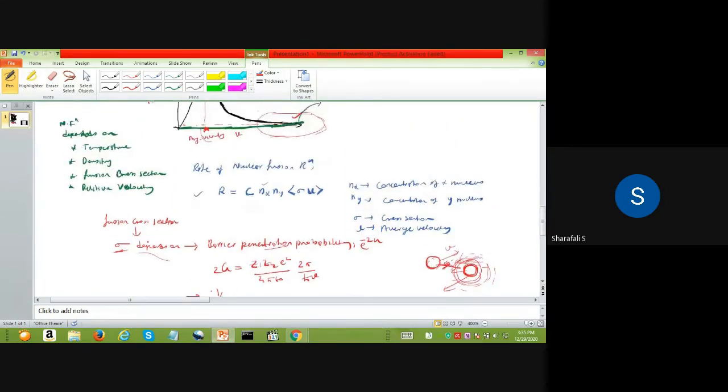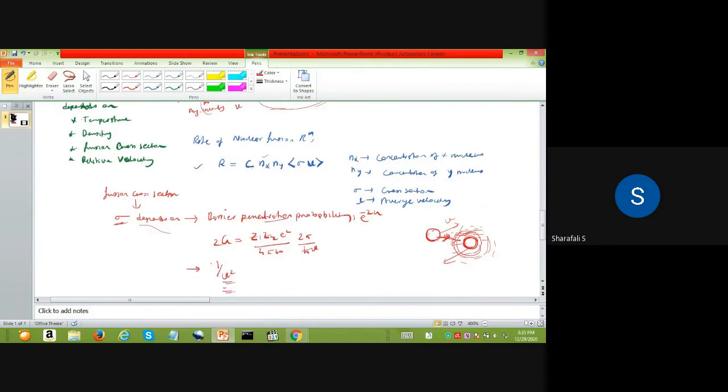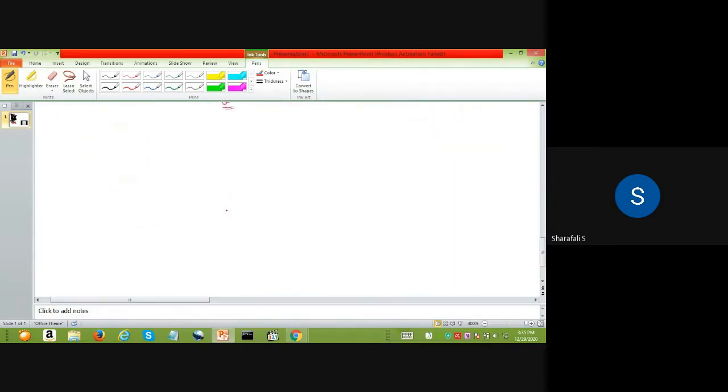So the fusion cross section also determines the fusion reaction rate. If you want to calculate the average value of sigma v, then first we have to consider the particles with velocity between v and v plus dv, that we already discussed in the Maxwell distribution.